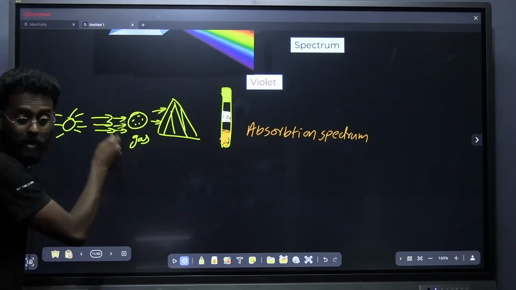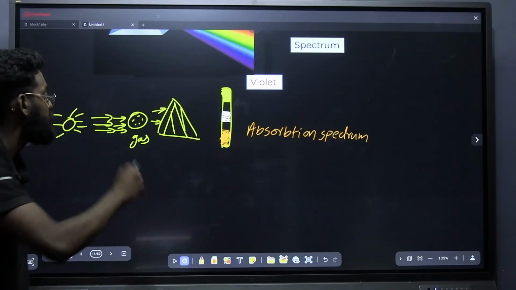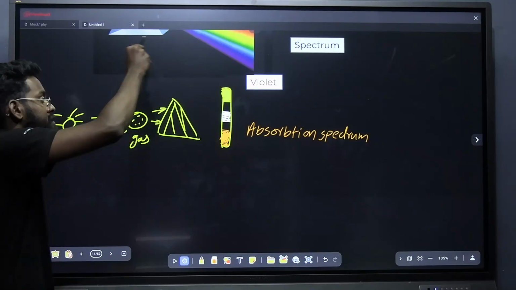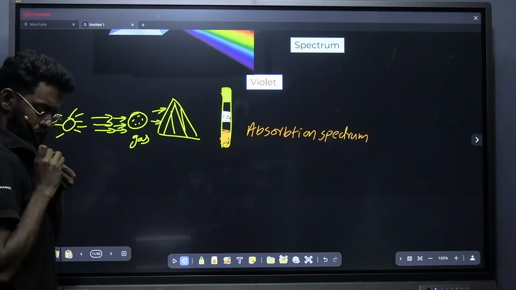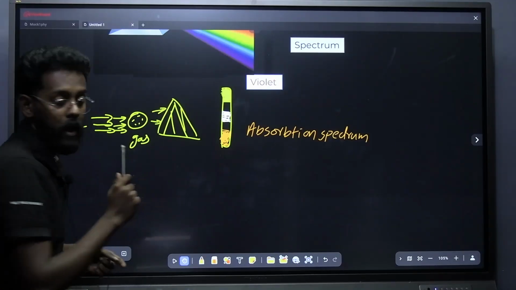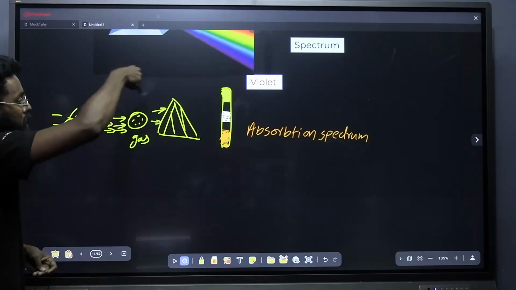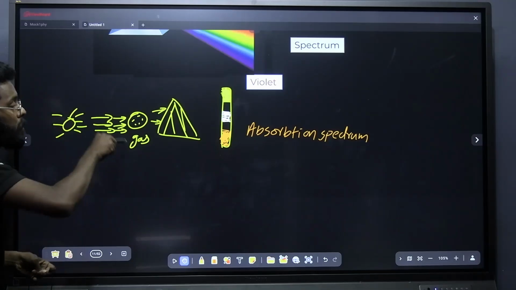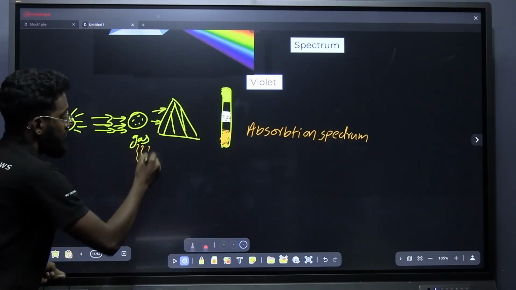This gas has absorbed some radiation, and because of that radiation, the electron has been excited to the higher level. This electron which has been excited to the higher level will definitely come back to the lower level.